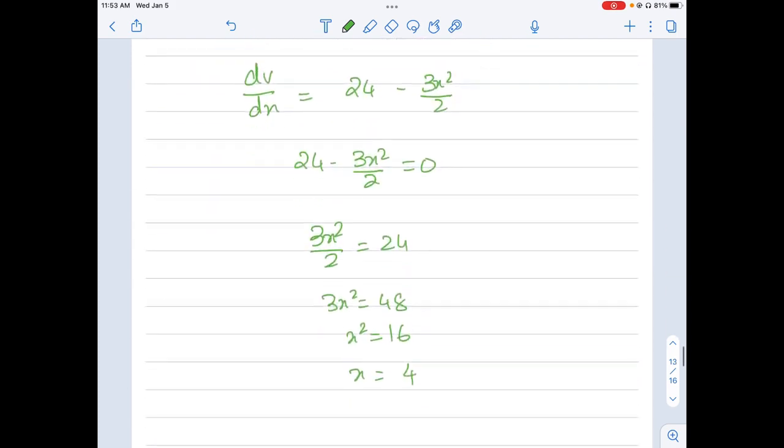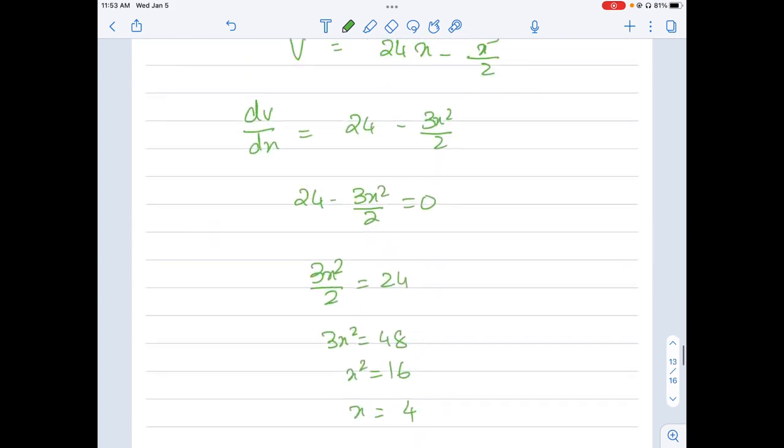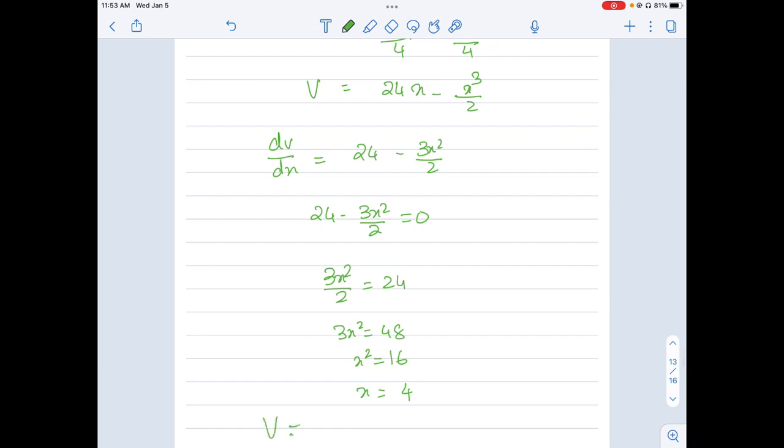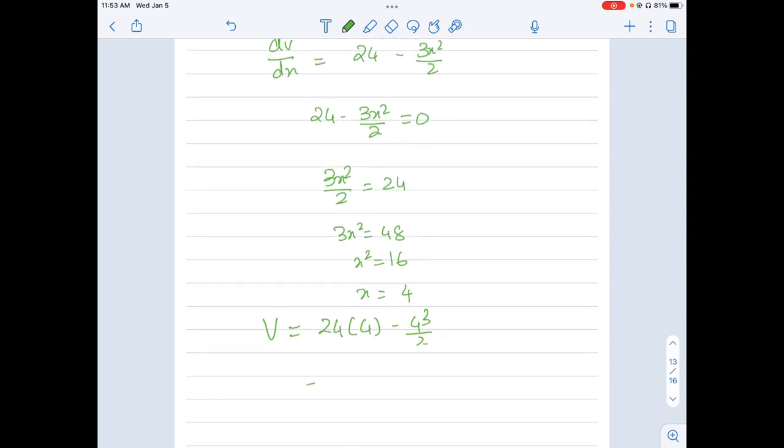So we have to find v. Plug in: 24 times 4 minus 4 cube upon 2. Simplify that one. This is 96 minus 64 upon 2, which is 32, so it becomes 64.